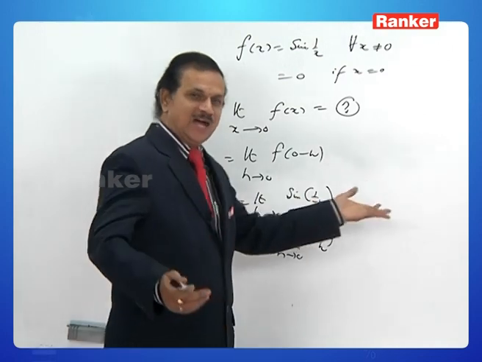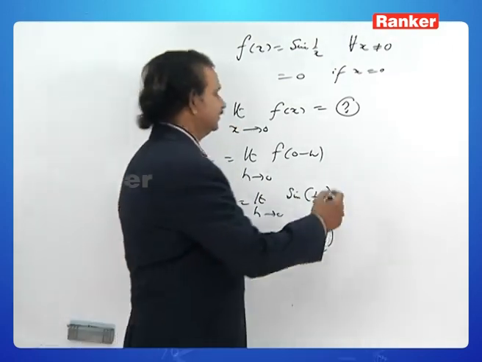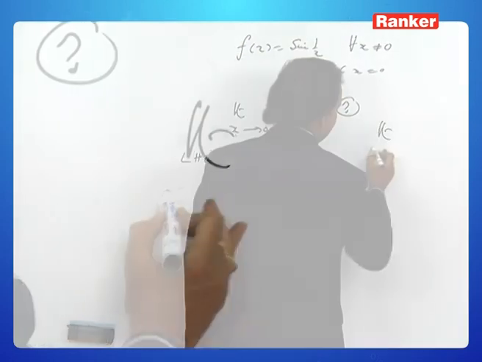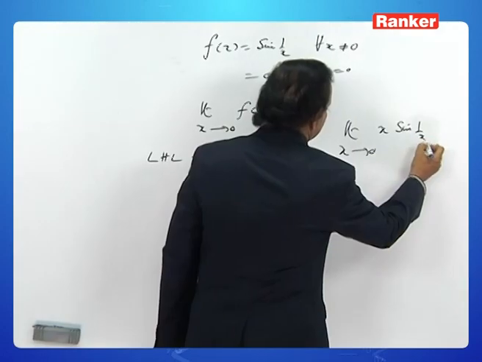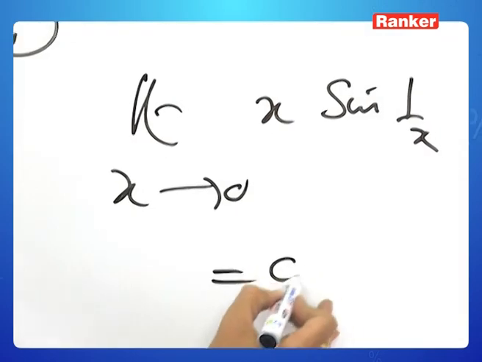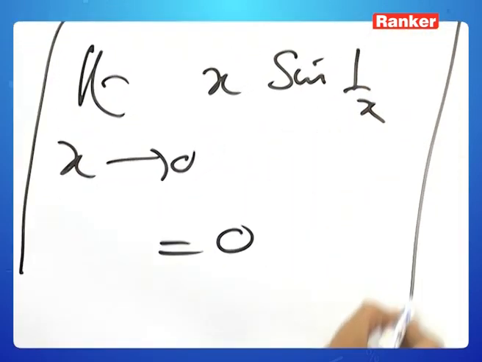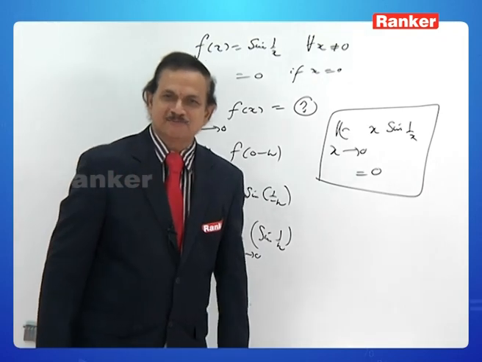At this moment also, for this problem also, the term x works as a golden hand. This limit exists and is equal to 0. You observe the speciality of the function.